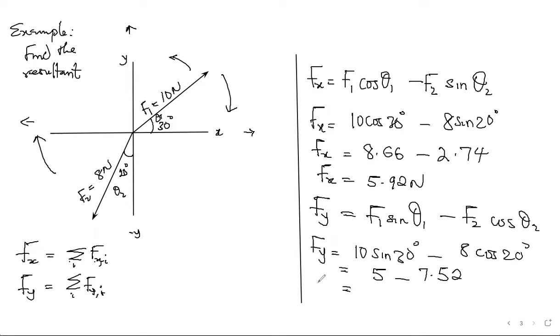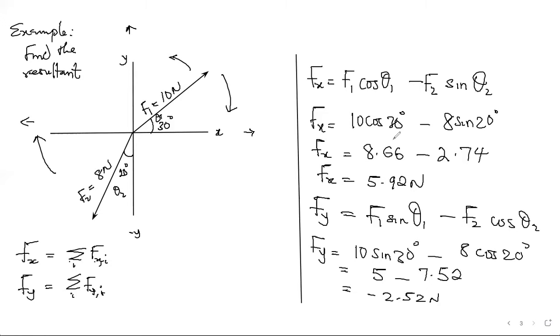So this will be 5 minus 7.52, which is minus 2.52. What that tells you is that the total force acting along y has an overall direction that points towards the negative y.